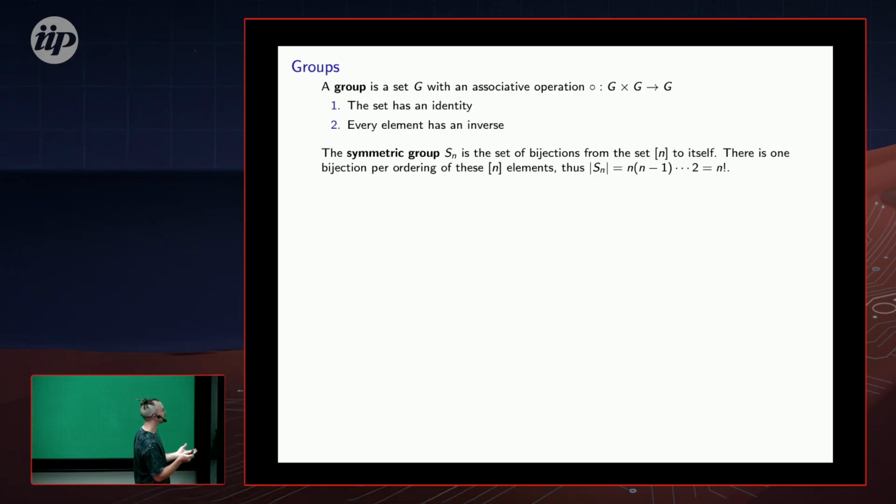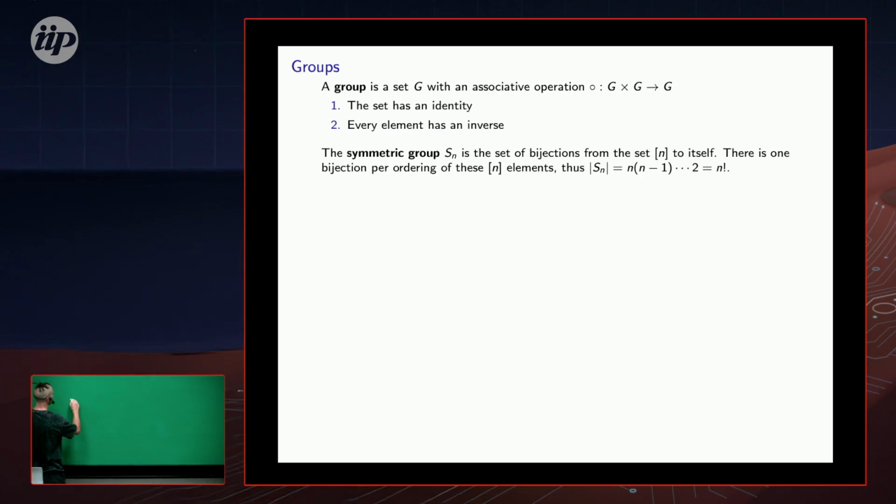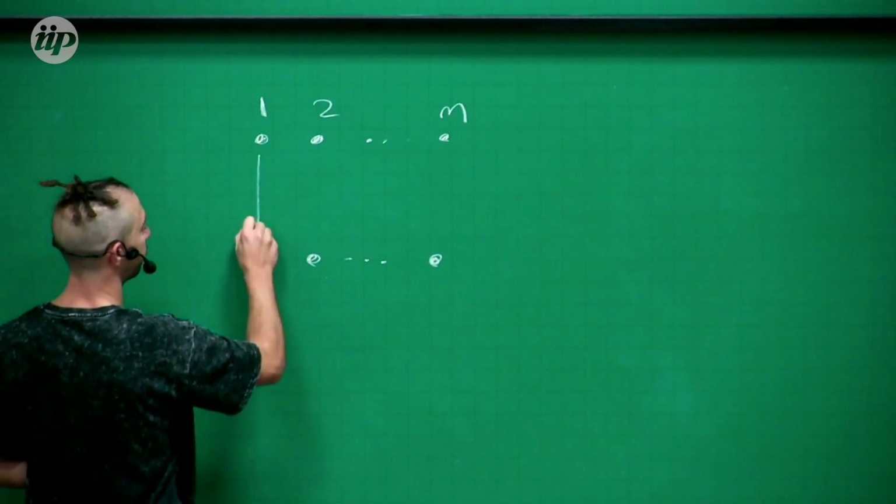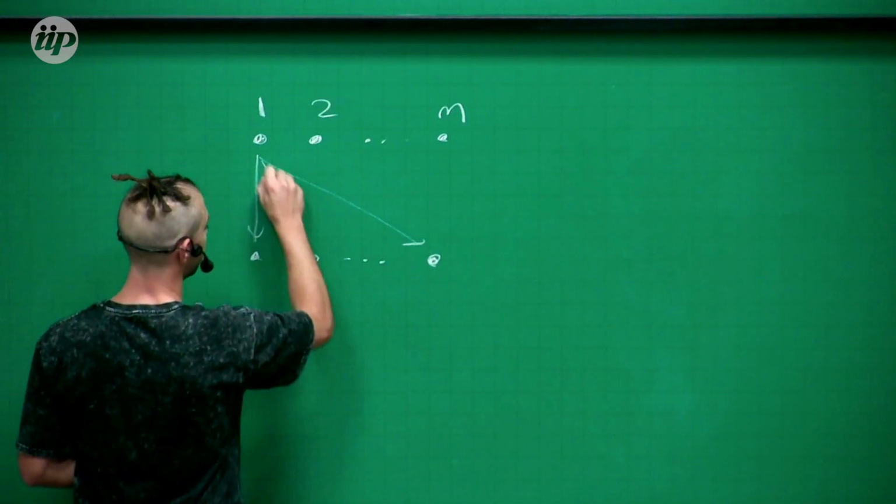So here, I think it's worth a little bit of drawing. Suppose I have n elements, and I want to produce a bijection. The question is, how many bijections are there? I can choose to send the first one to n different places.